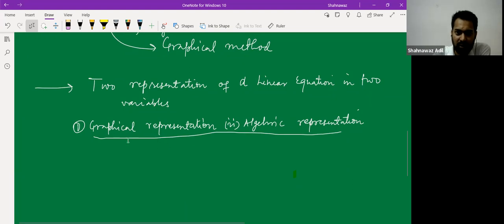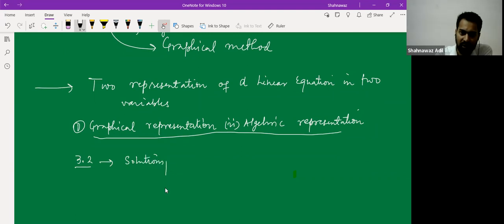Okay, so two representations, graphical and algebraic representation, right? And in the second exercise of this third chapter, we will learn about these solutions, right? So these solutions are what? Graphical solutions.